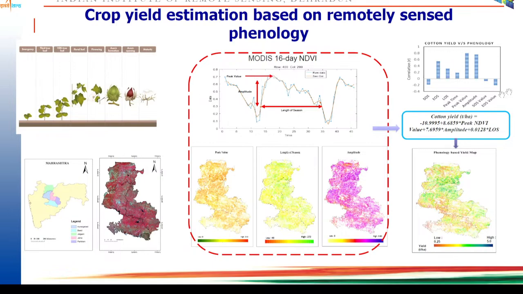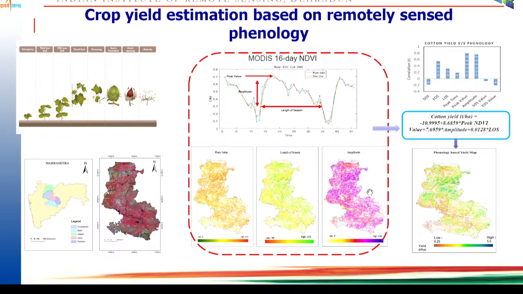So all these phenological metrics, like start of season, end of season, peak time, peak value, amplitude of the NDVI, and length of growing season, were all related with the cotton lint yield for 11 years, and we could develop a model which covers peak NDVI and amplitude of the NDVI for forecasting, and length of growing season for estimating yield in the Marathwada region.